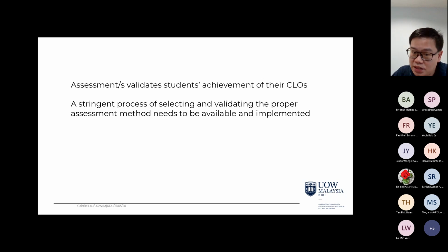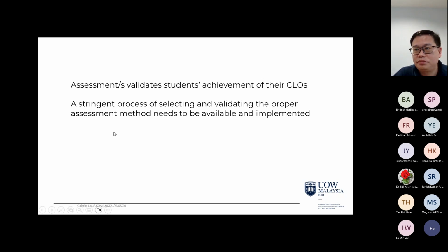So the assessment method is critical because it is the tool being used to ensure that students are evaluated as having achieved that particular course learning outcome as required in their particular course itself.